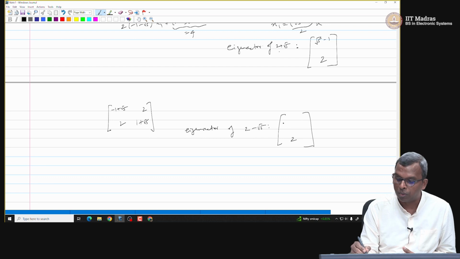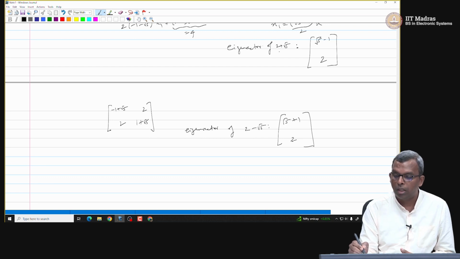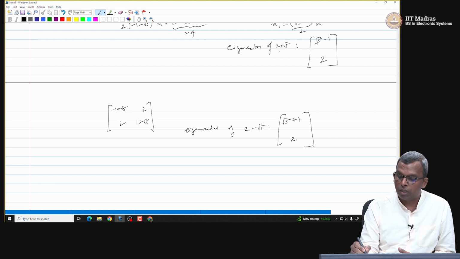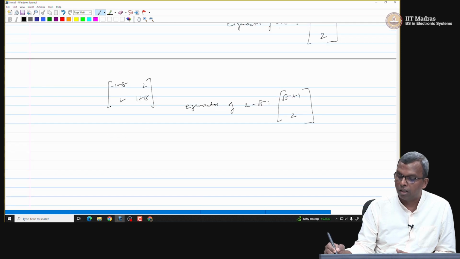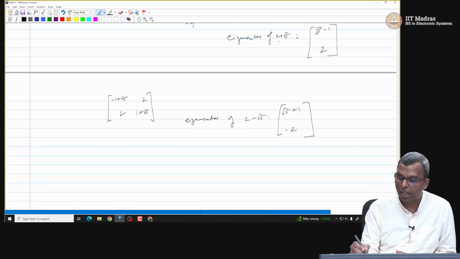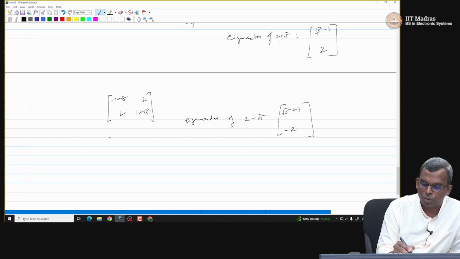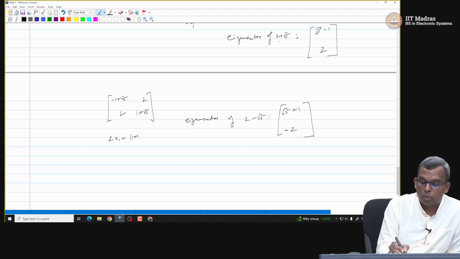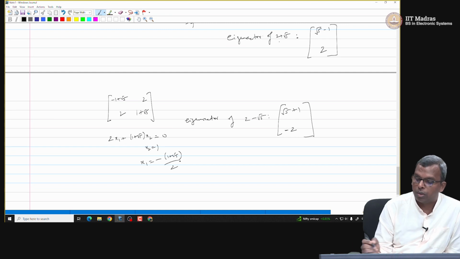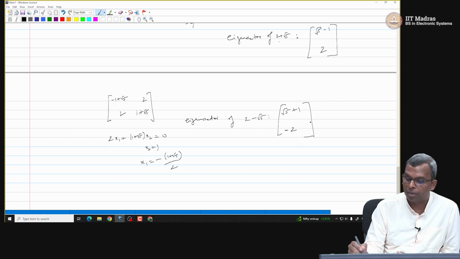So, maybe root 5 plus 1, 2 and then root 5 minus 1, 2. So, notice one very interesting, oh I am sorry, minus 2 here, did I get that right? So, let me just do that correctly. 2x1 plus 1 plus root 5 x2 is equal to 0. So, you put x2 as 1. So, you get x1 as minus 1 plus root 5 by 2. So, there is a minus here. So, you can keep it as minus 2 here.